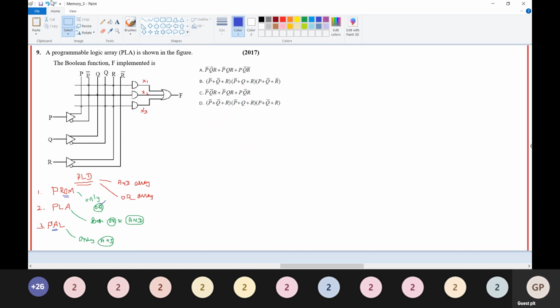Now this function f is going to have three product terms: x1, x2 and x3. From this we are going to write the product term for x1.